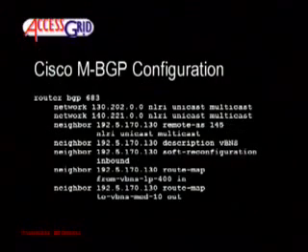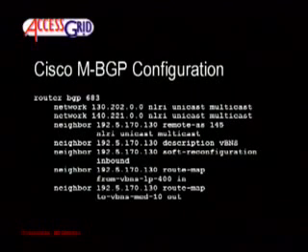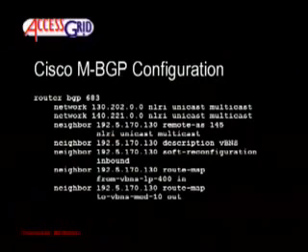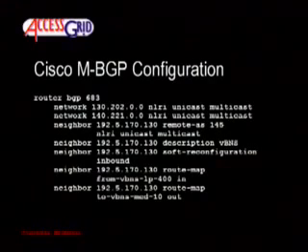So to configure multi-protocol BGP, I'll go through these slides reasonably quickly, but I've got configuration information here for Cisco, for the Next Hop technologies GateD, as well as for Juniper. So you can get a flavor for what you have to do to bring up multi-protocol BGP reachability communication.